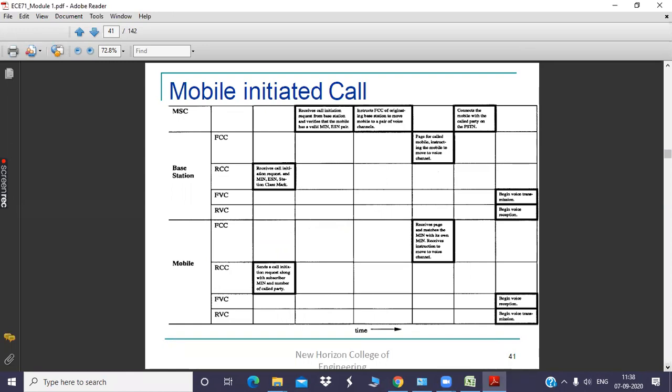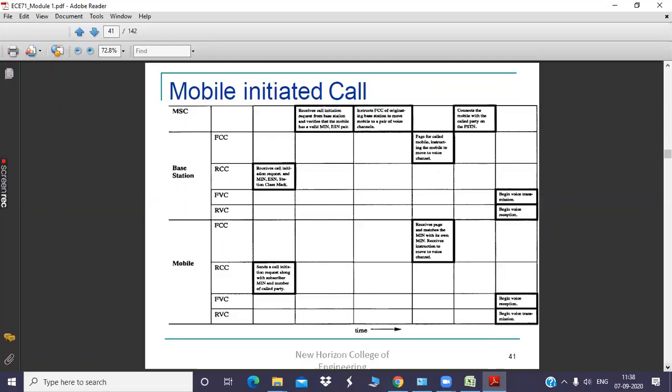So here there is no point mentioning the PSTN network, even though it will have a connection to the MSC, it will not come into the picture. It will not have any active control channel or voice channel connected to the MSC.